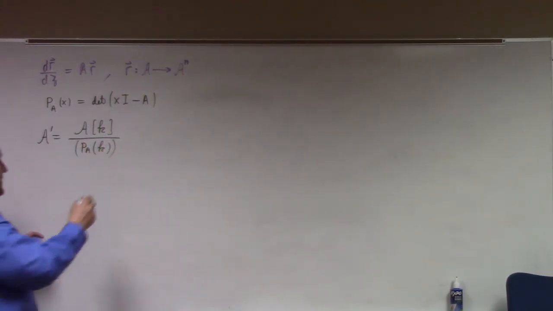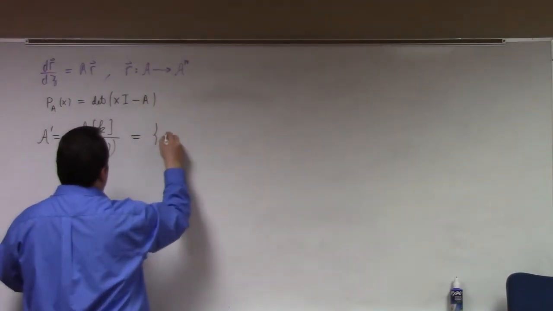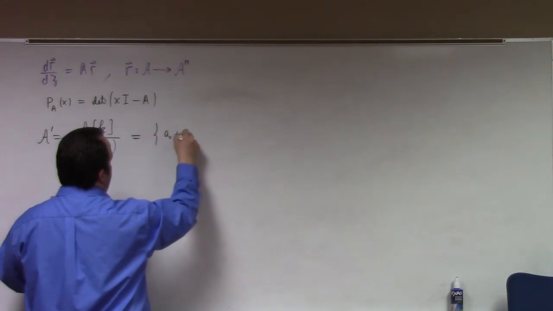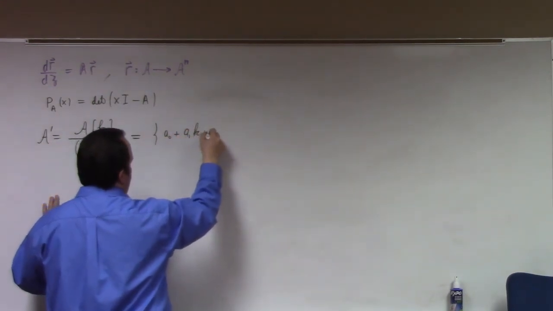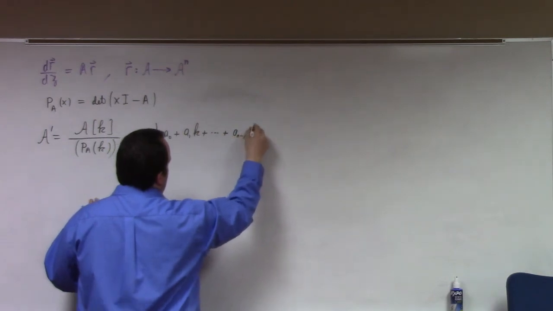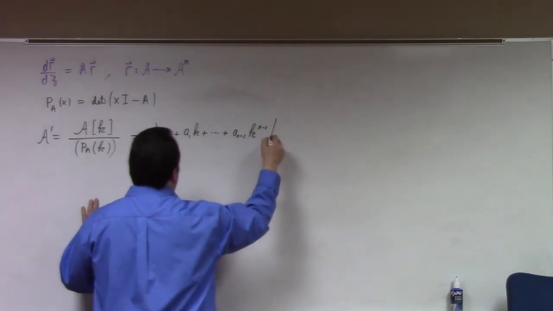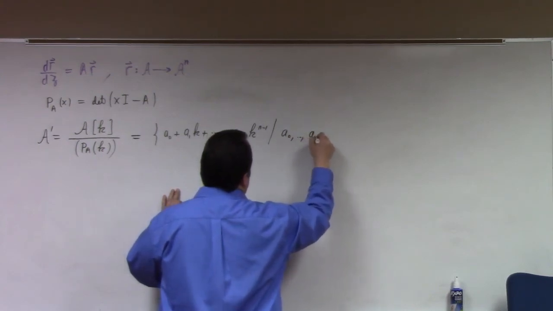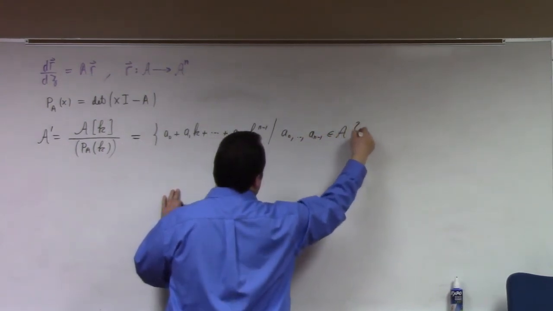And what this looks like, of course, is something like A0 plus A1 K plus up to A(n-1) K to the n minus 1, such that A0 through A(n-1) are elements of the algebra.